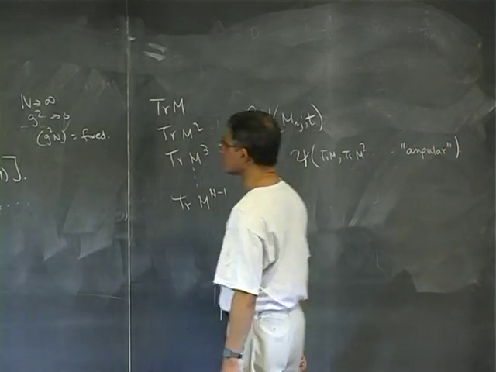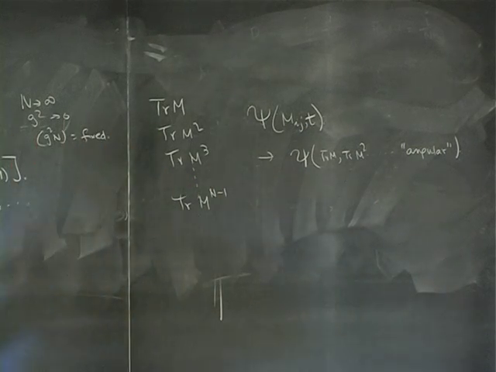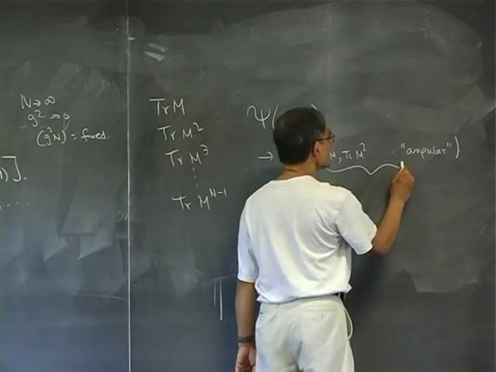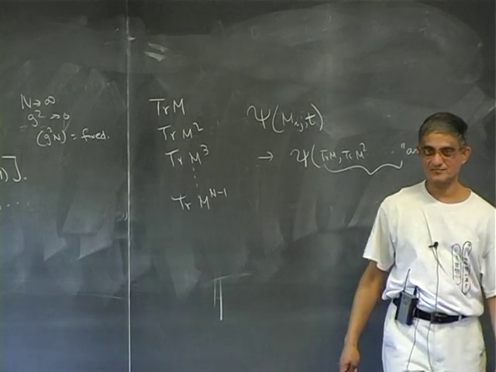The angular variables are the parameters of a unitary transformation which typically diagonalizes this thing. That's one choice of these angular variables. Doesn't matter what those are, but the important thing is that you have to keep this infinite number of them.